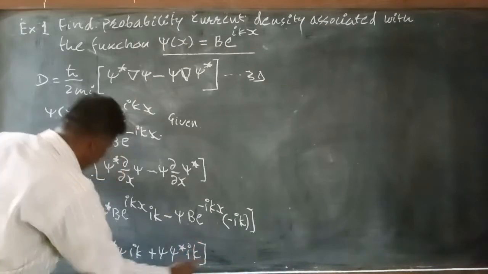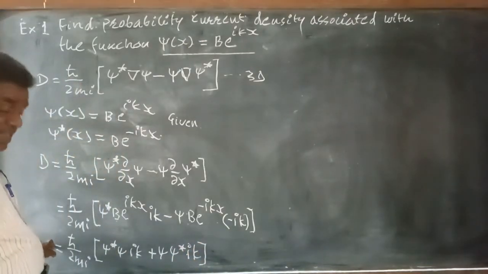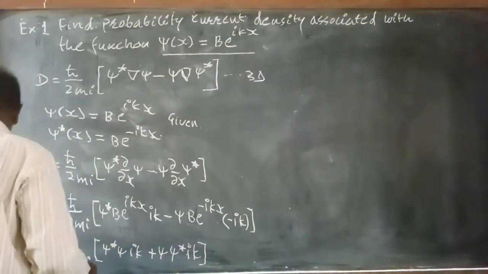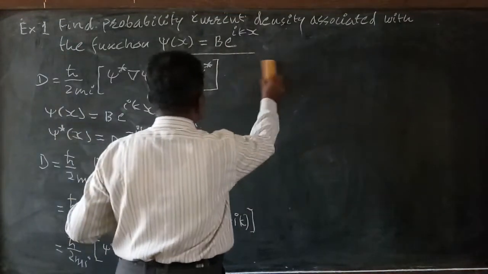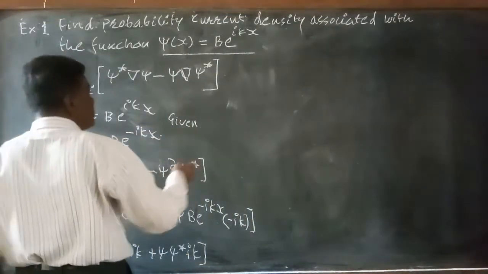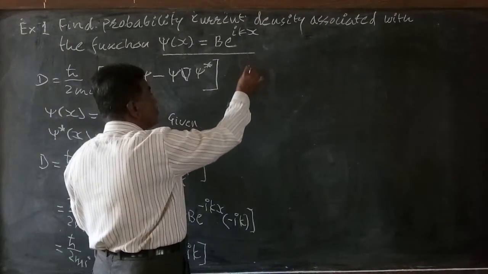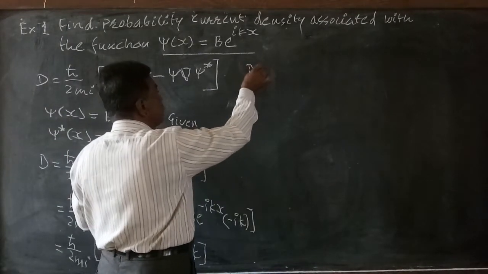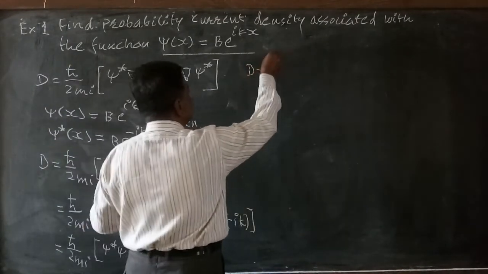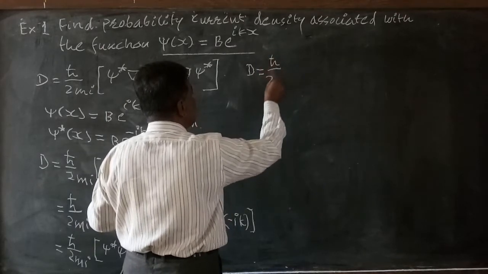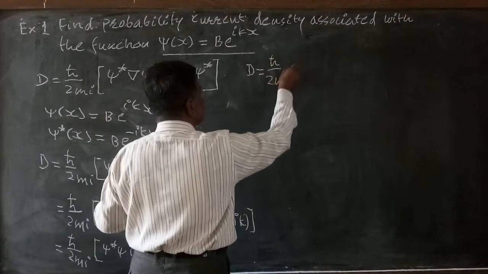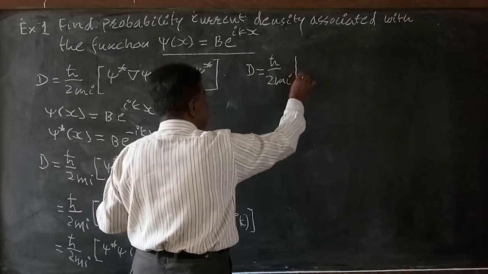So the probability current density is given by the equation D equals h cross divided by 2m as it is into the bracket.